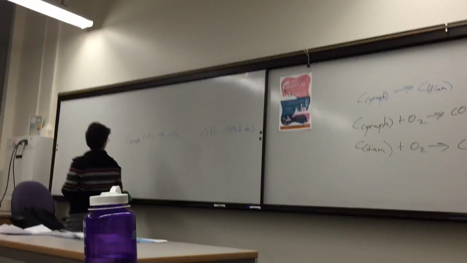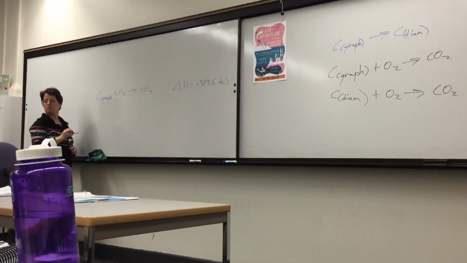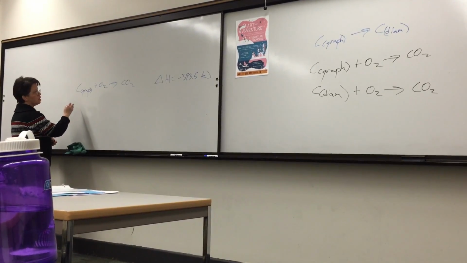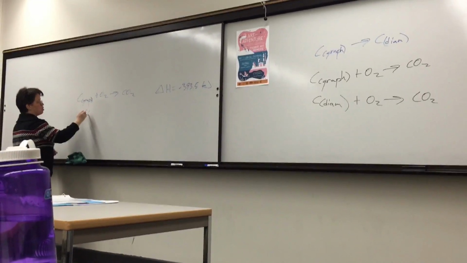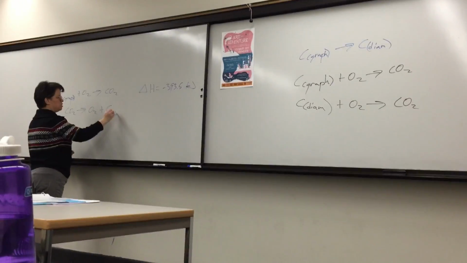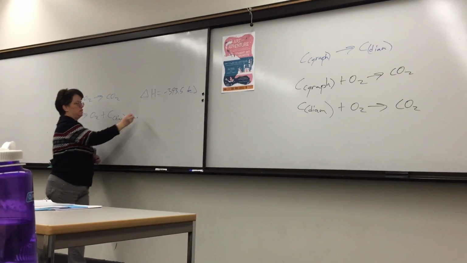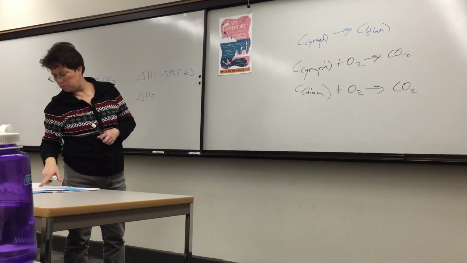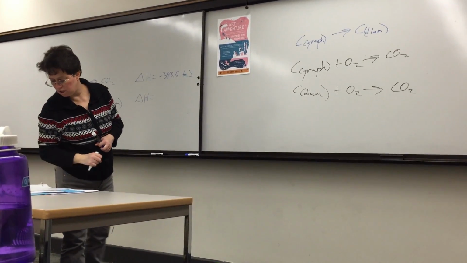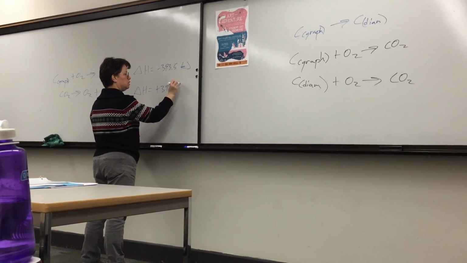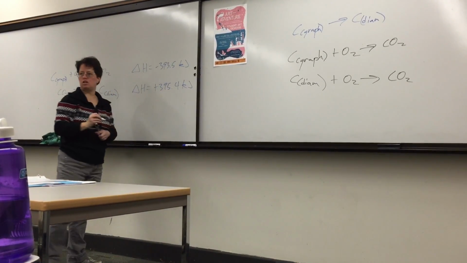Okay, how about the second equation? That one I do need to flip, right? So this time I have carbon dioxide goes to oxygen plus diamond. Since we flipped it around, it's now a positive 395.4, right? I had to change the sign.